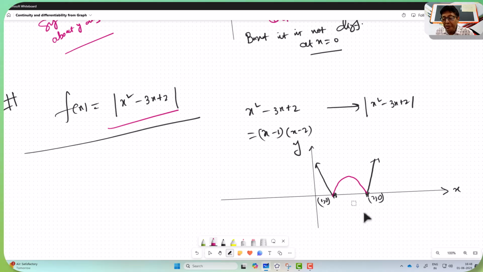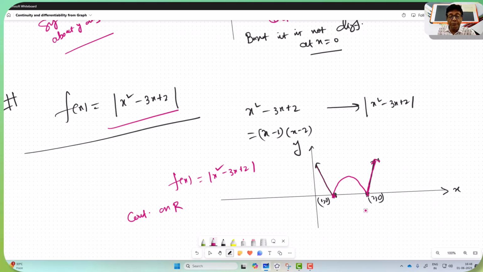So this is going to be the graph of f(x) equal to mod of x square minus 3x plus 2. It is continuous everywhere, continuous on R, because you will be able to plot the graph of this function without lifting your pen or pencil. So it is continuous everywhere.